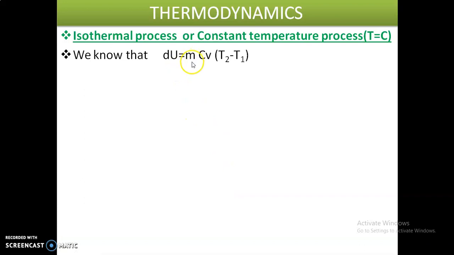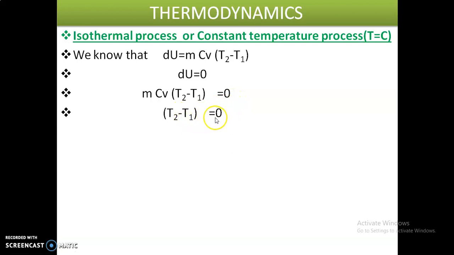Here in the isothermal process dU is equal to 0, therefore m cv (T2 minus T1) is equal to 0. Bringing m cv to the right side, it becomes 0, so T2 minus T1 is equal to 0. Bringing T1 to the right side, T1 is equal to T2. So the temperature is constant at state 1 and state 2.